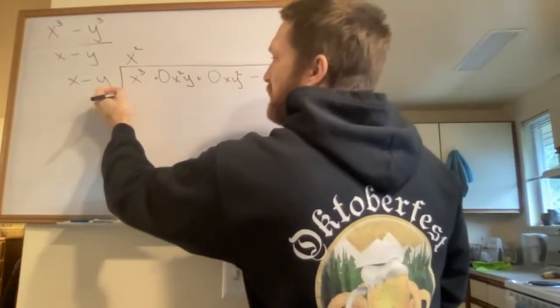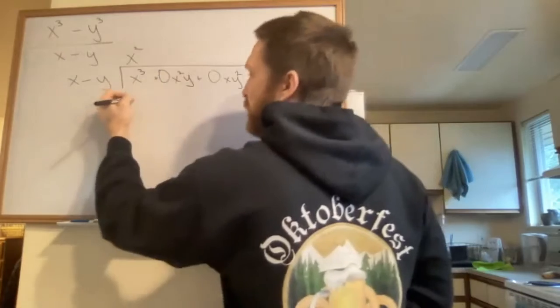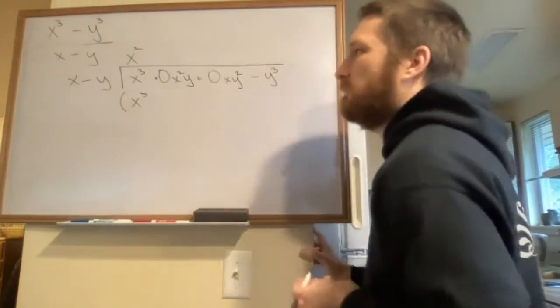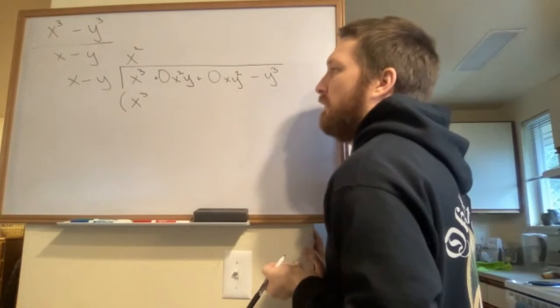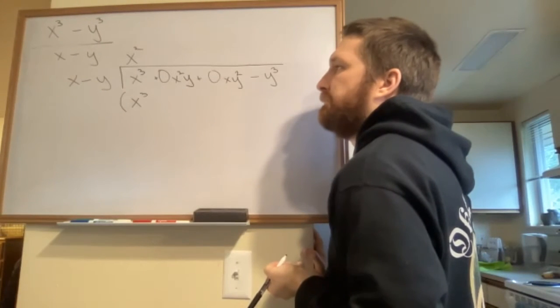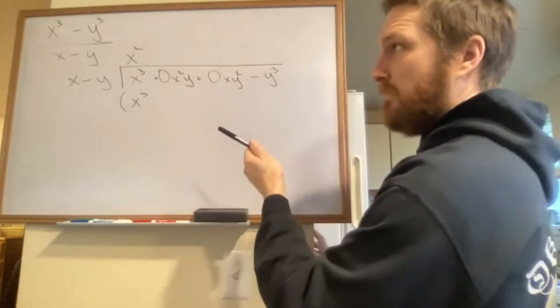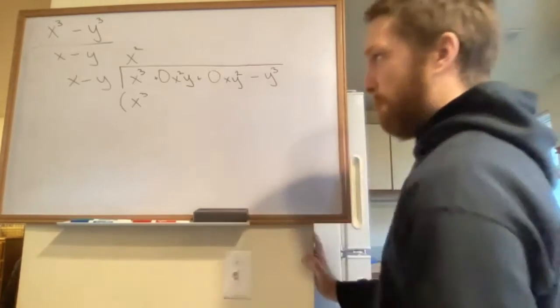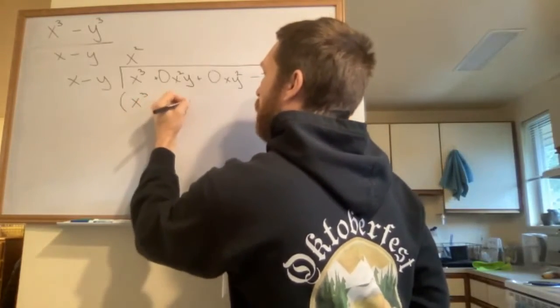He jumps in and hits that guy to give me x cubed, as well he should. And then what do I have? Plus x squared? No, wait, hold up. Minus x squared y.